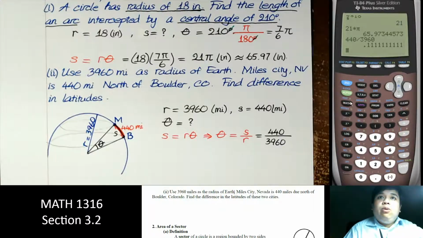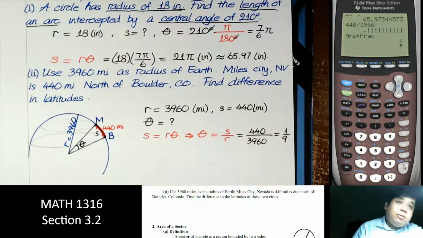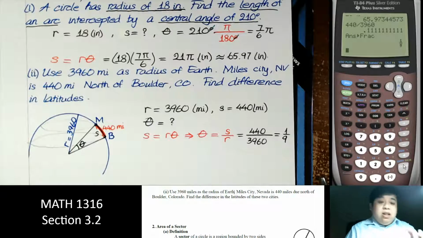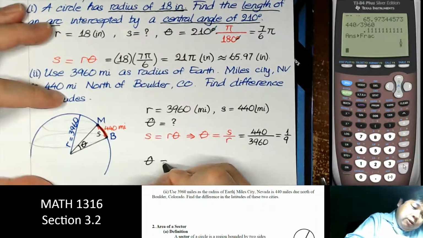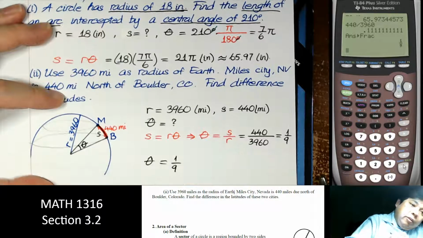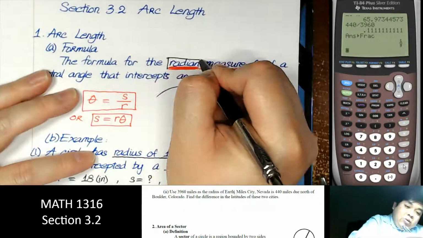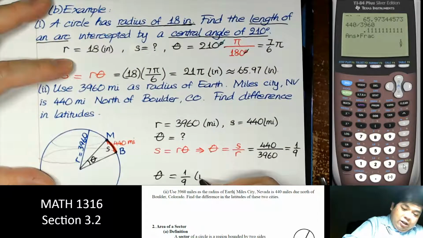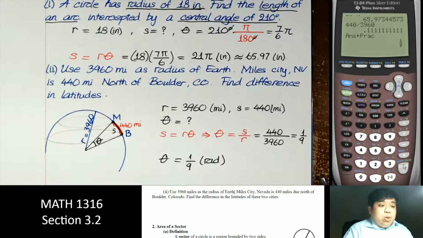And that is exactly 1/9. By the way, theta is equal to 1/9. As always, the measure of arc length has to be in radians, so this is in radians. That's good, but usually for latitude or longitude we talk about degrees, so we have to change this to degrees.